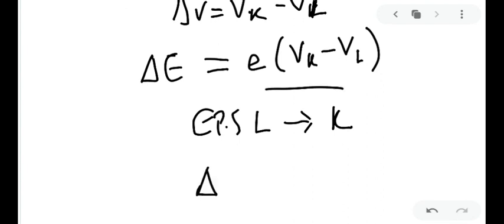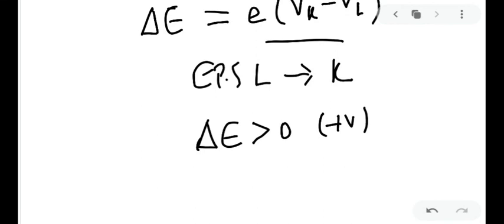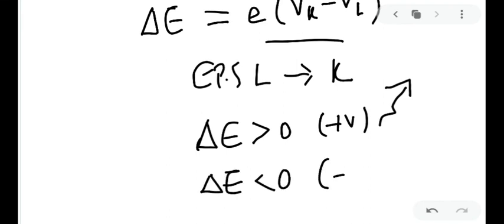If delta E is positive, which means energy will be gained. If delta E is less than 0, which is if delta E is found to be negative, we will have to supply energy.